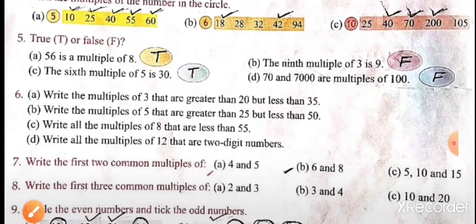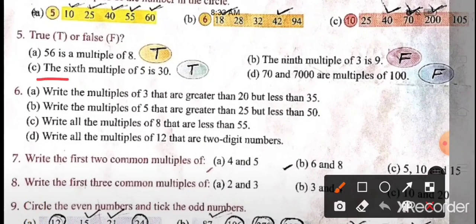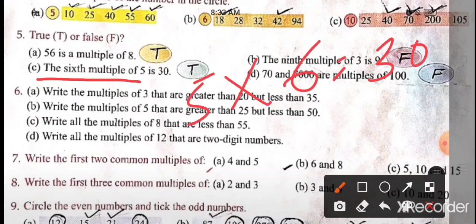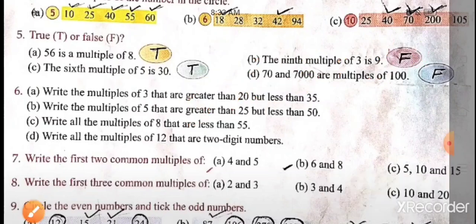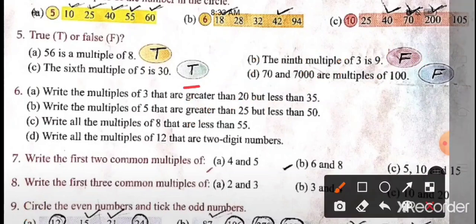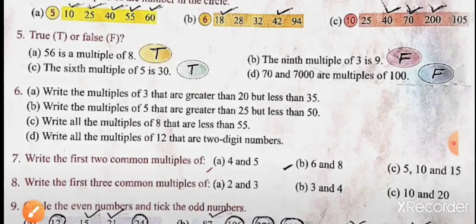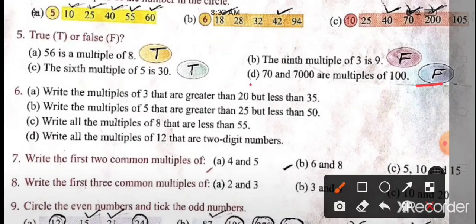Now C part, the sixth multiple of 5 is 30. Yes, 5 multiplied by 6 equals 30. 6 fives are 30 or 5 sixes are 30. So it is true. Now 70 and 7,000 are multiples of 100? Okay, no, this is false because 70 is not a multiple of 100.